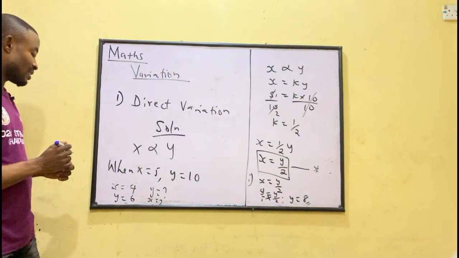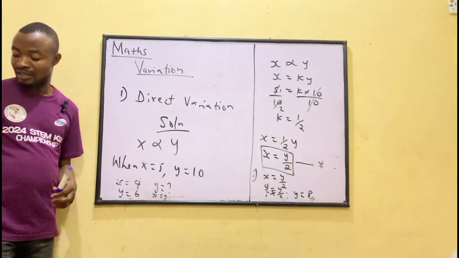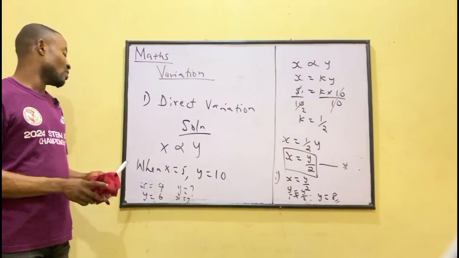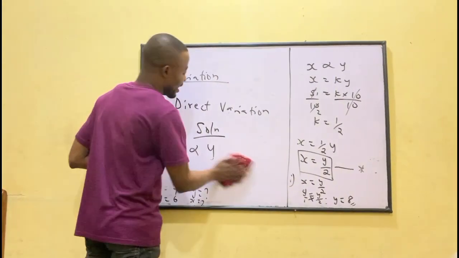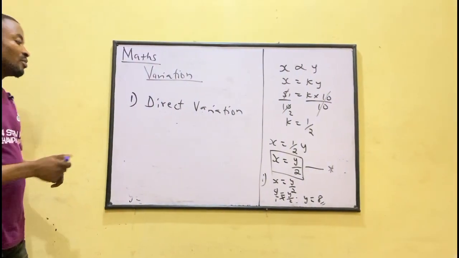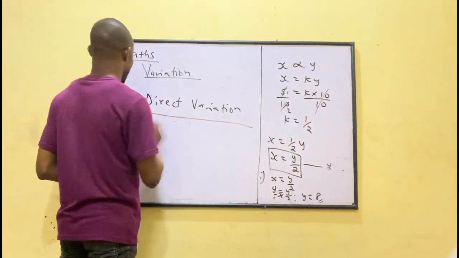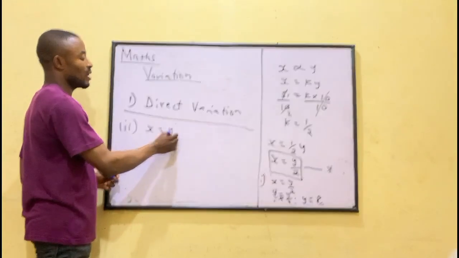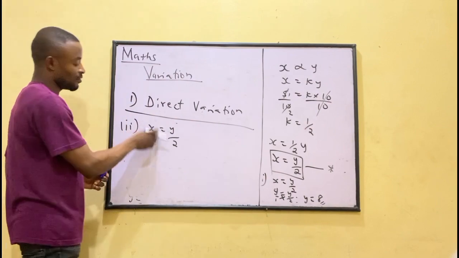All right, so let's do the last one. The question is: calculate x when y is equal to 6. From here, we already know that x is equal to y/2. This is a formula.